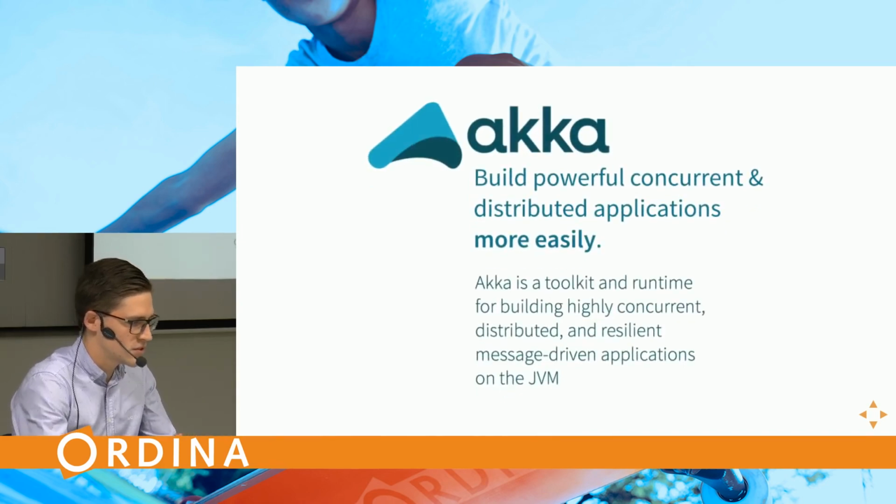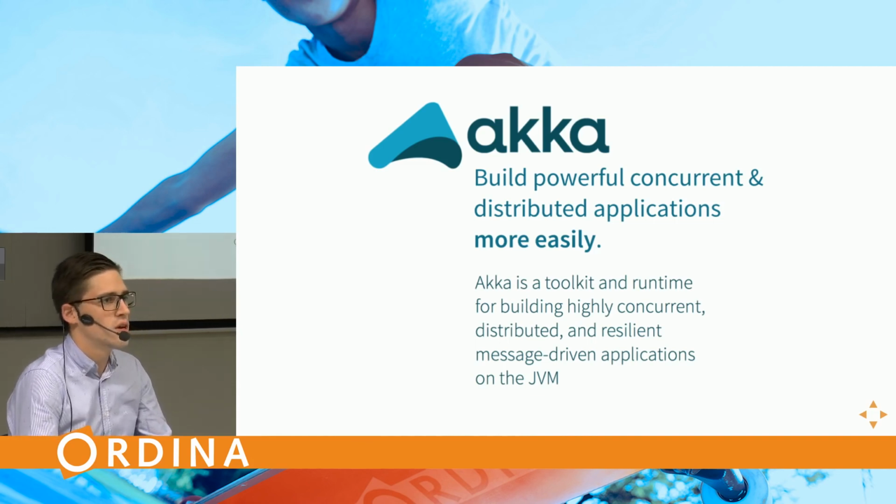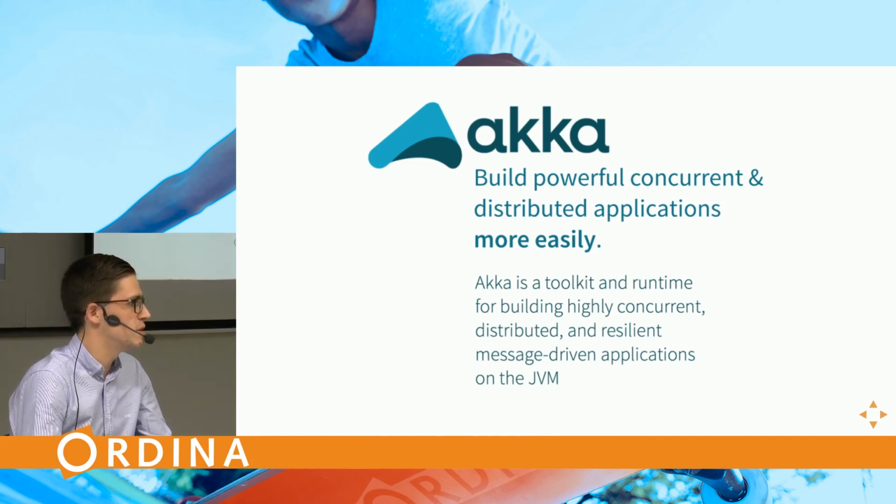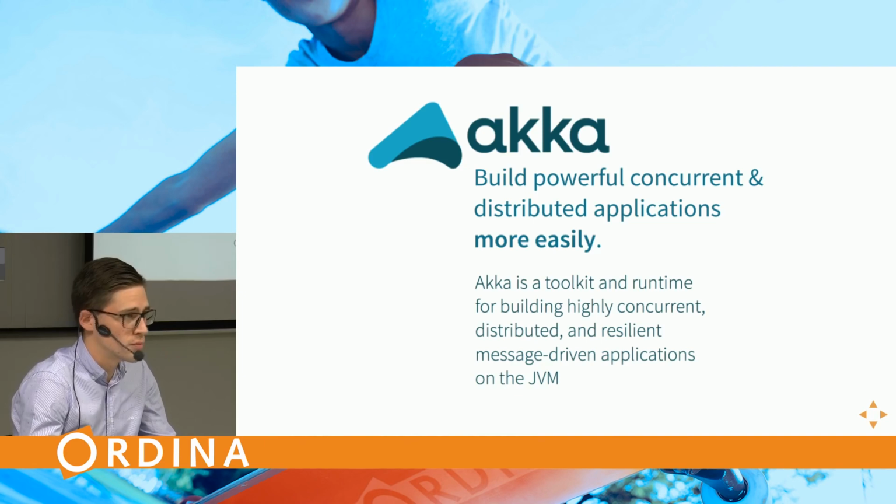This is how Lightbend describes Akka. So with Akka you build powerful, concurrent and distributed applications more easily. That's one of the major points, because writing a multi-threaded application that makes use of all the CPUs that you have available is rather hard with plain old vanilla Java.